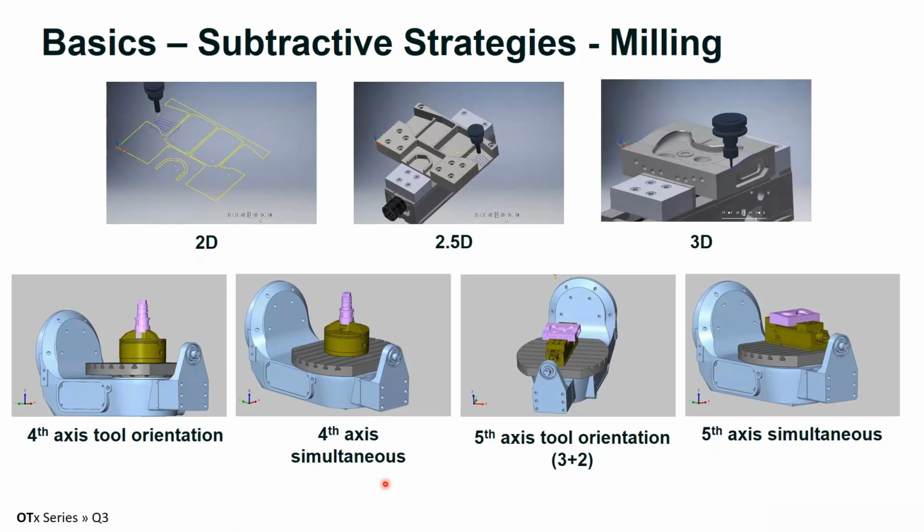If we talk about 3D machining, then we use 3 linear axes in the CNC machine, and that makes it possible to machine curved geometry.